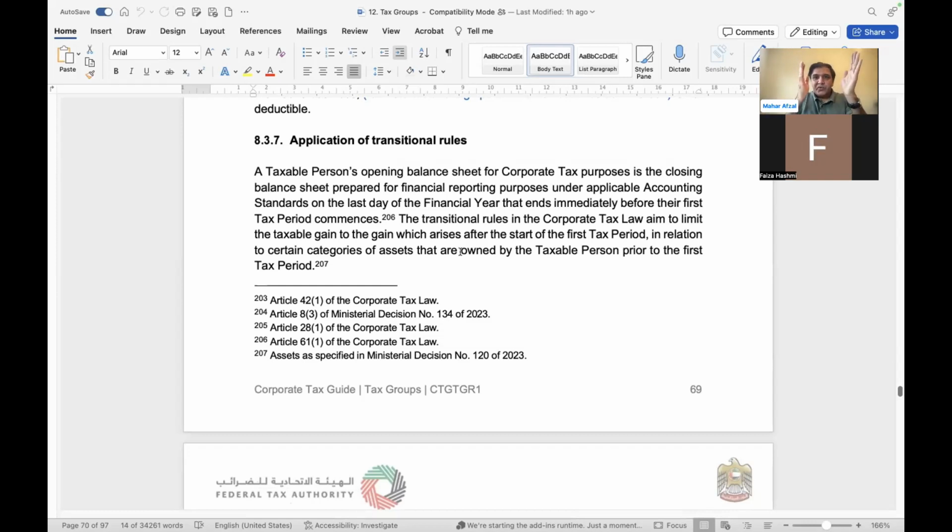The important thing is we need to bring the asset at the market value, at the fair value, from the previous period to the new period, from the non-tax era to the tax era.